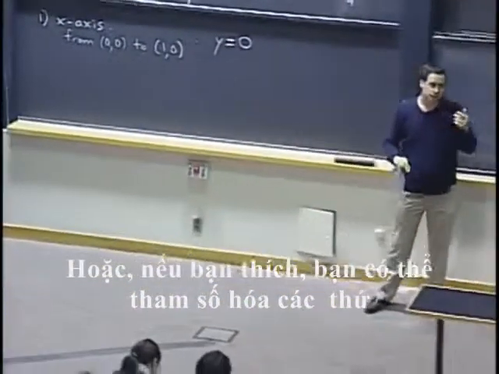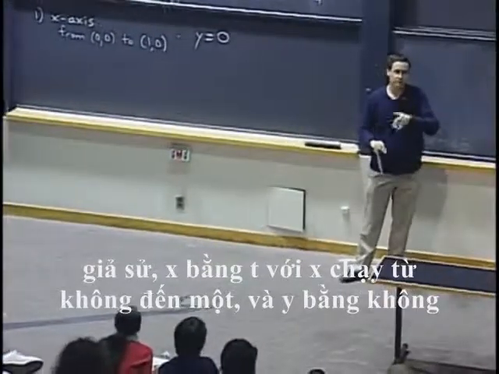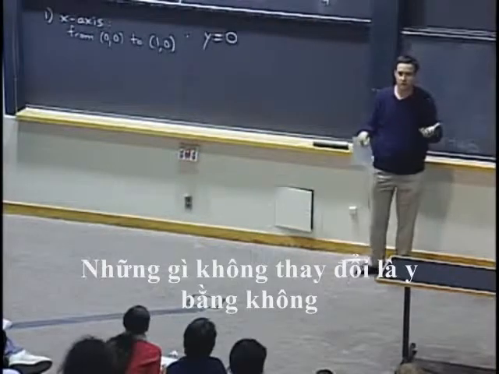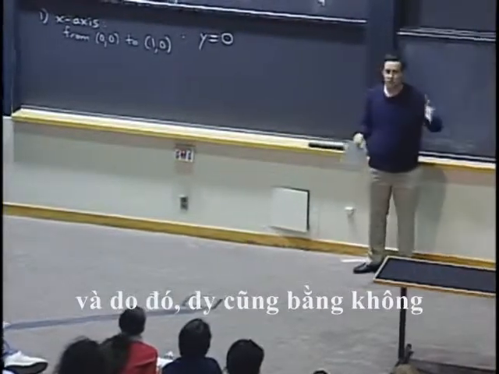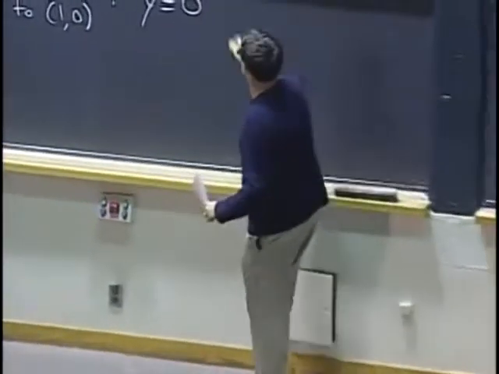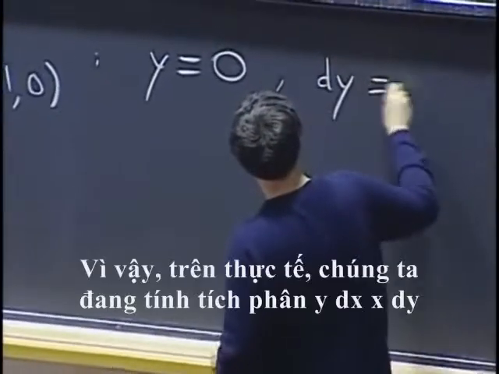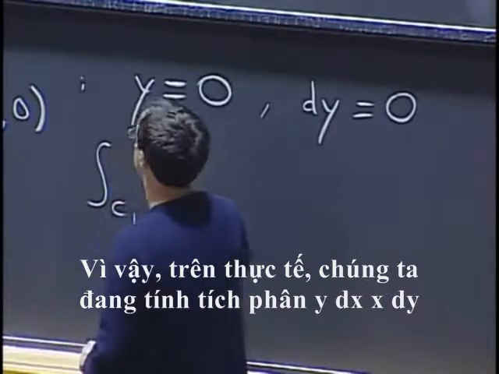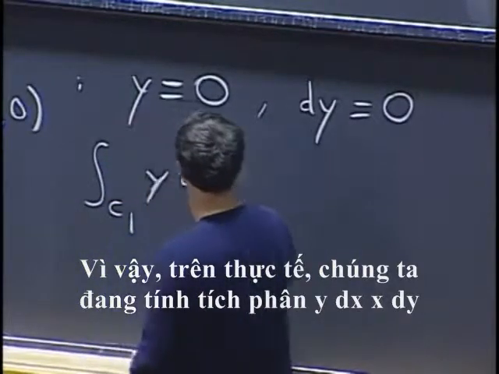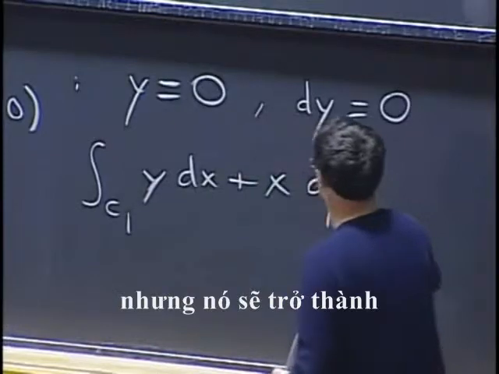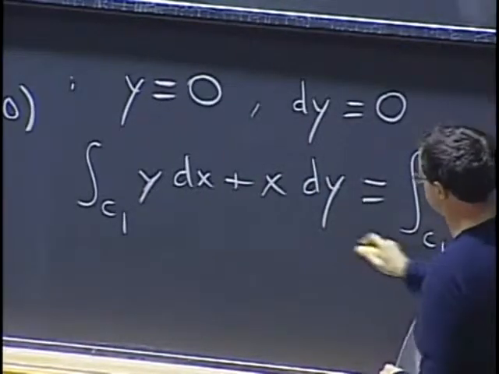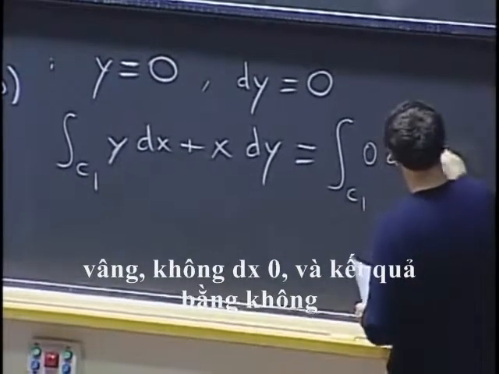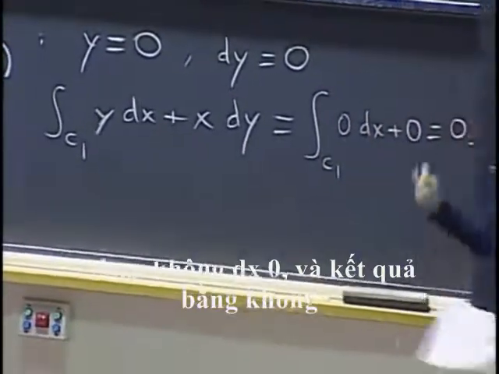Or if you prefer, you can parameterize, say x equals t for t from 0 to 1, and y equals 0. What doesn't change is y is 0, and therefore dy is also 0. So in fact, we're integrating y dx plus x dy, but that becomes 0 dx plus 0, and that's just going to give you 0.